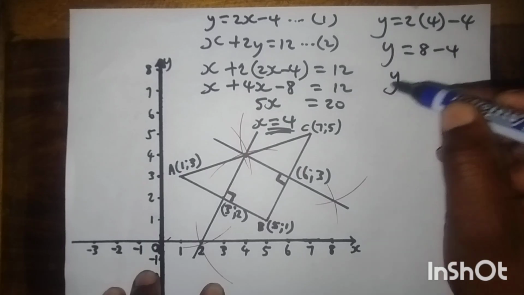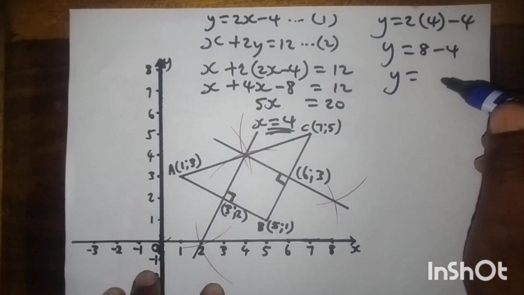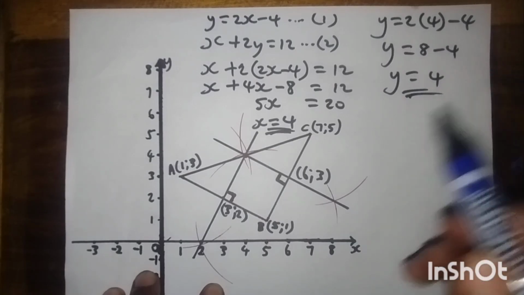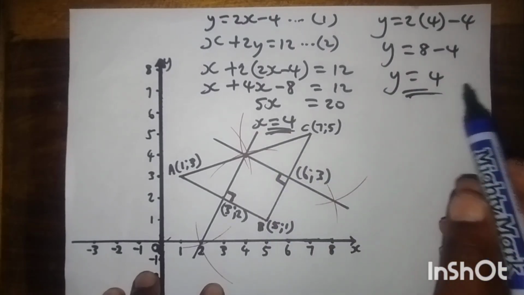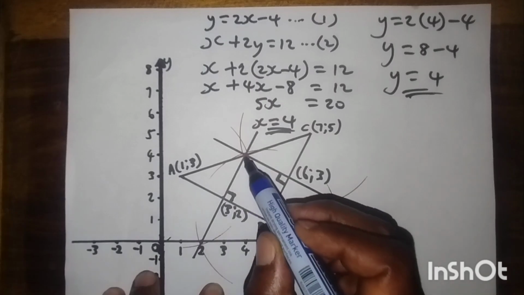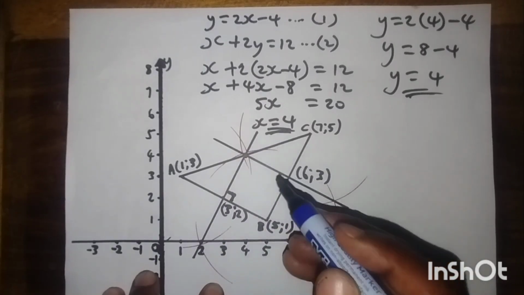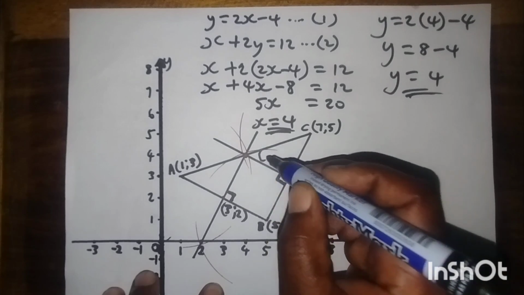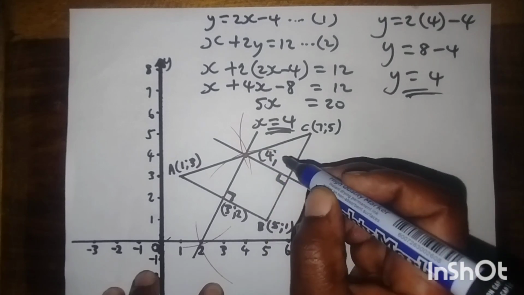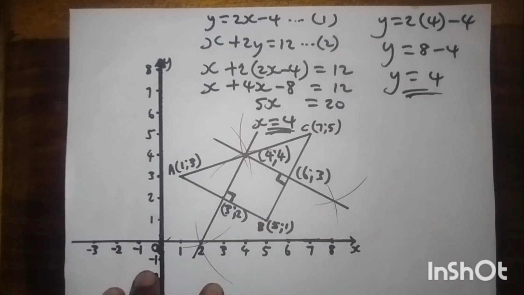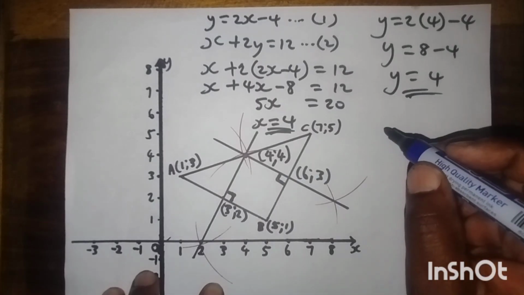So finally, the y coordinate equals 4. So the x coordinate is 4 and the y coordinate is 4. This center where the two perpendicular bisectors meet has coordinates 4; 4. That's our center of the circumcircle.